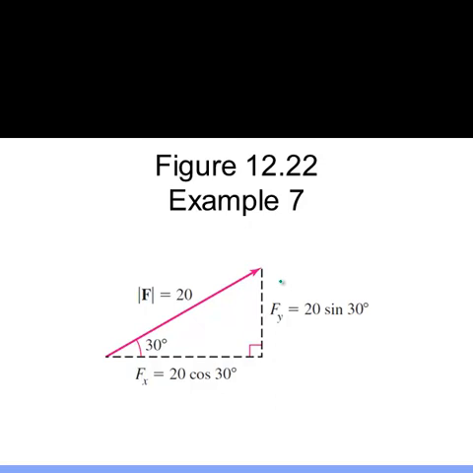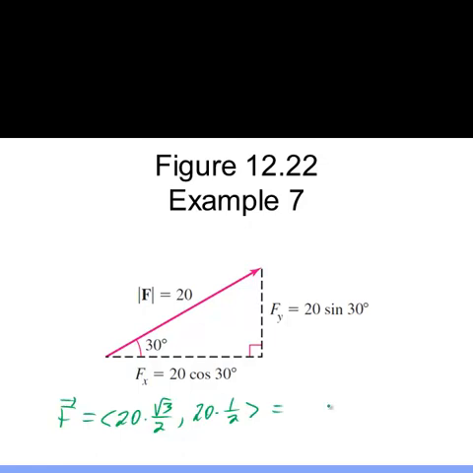Now, cosine of 30 degrees is square root of 3 over 2. So we could write F as 20 times the square root of 3 over 2, comma, and then the y component would be 20 times the sine of 30 degrees. Sine of 30 degrees is 1/2.